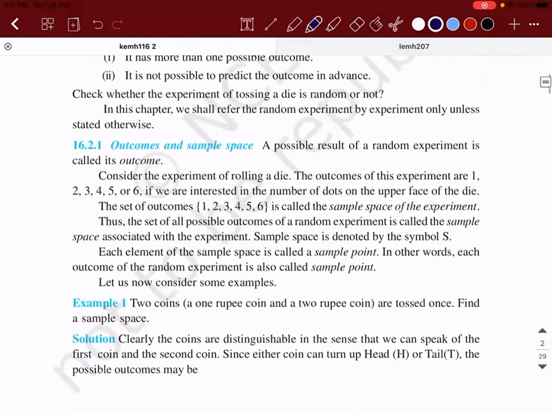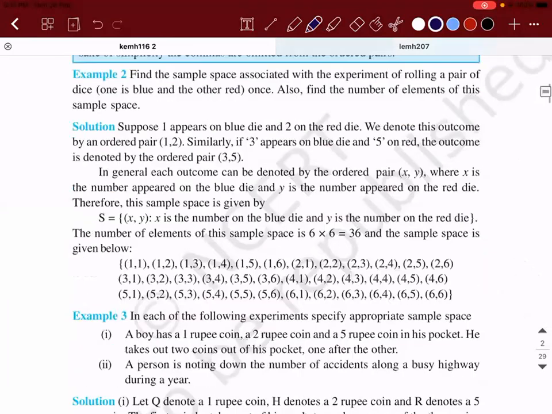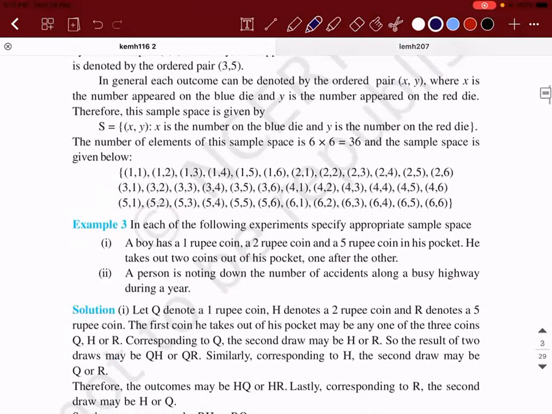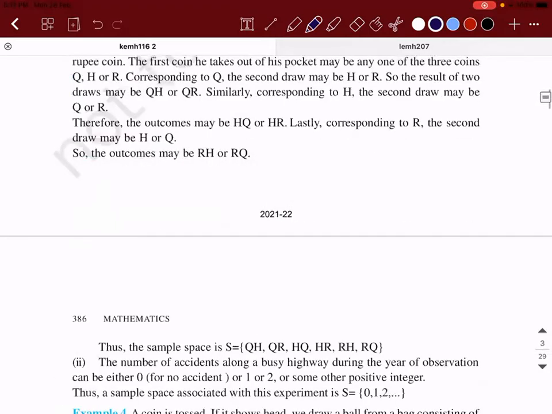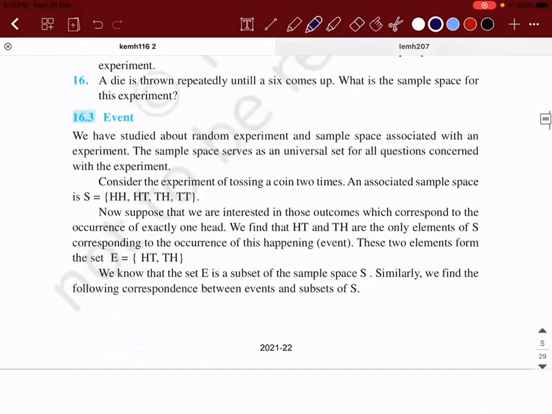Now, we would have learned about sample space. So what is sample space? Sample space is a universal set of all the possible outcomes. You put it in a set, you call it a sample space, right? Then you discuss something called an event. So we have studied random experiments and the sample space associated with an experiment.